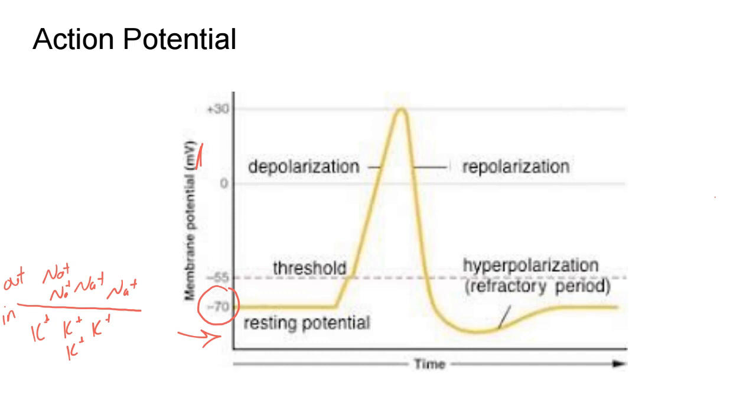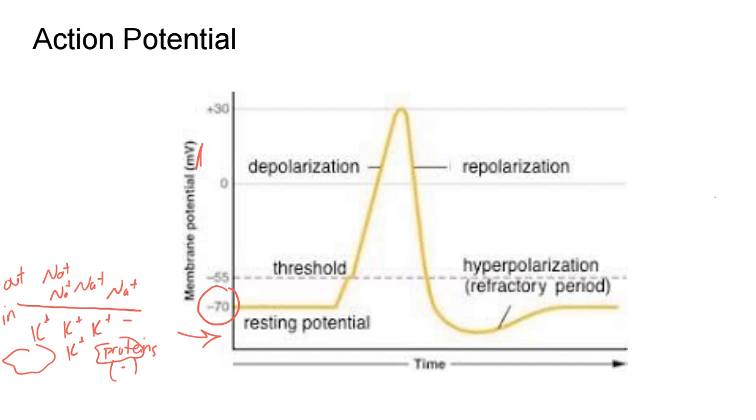So that seems kind of weird, that we'd have a difference between positive and negative charge, if I'm talking about the concentration of positive charge on the outside and positive charge on the inside. However, on the inside of the cell, you also have these big proteins. And those proteins are going to have a negative charge. That's going to offset that positive charge. It's going to offset it and then some.